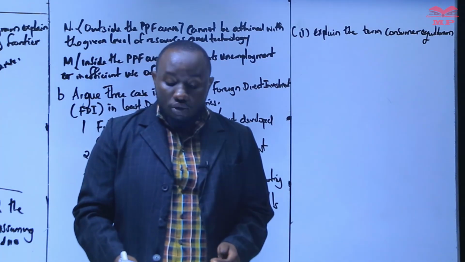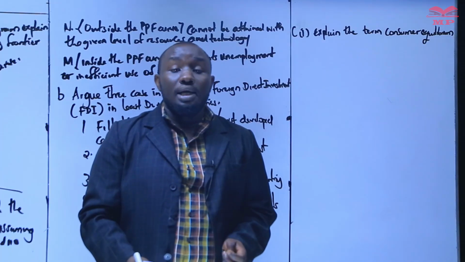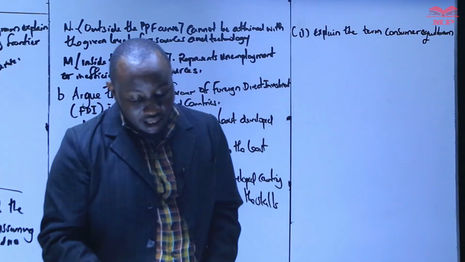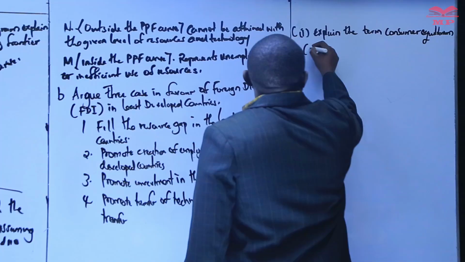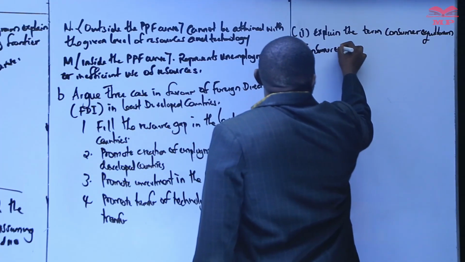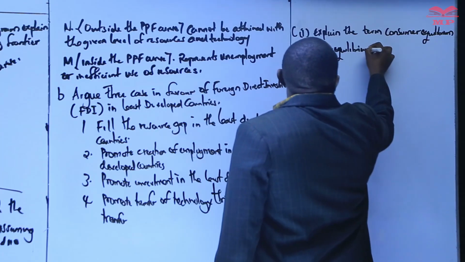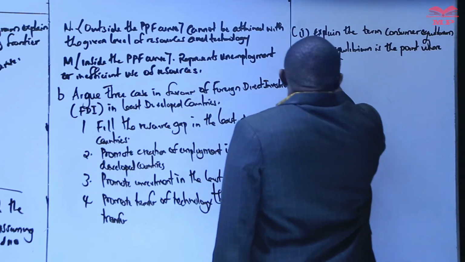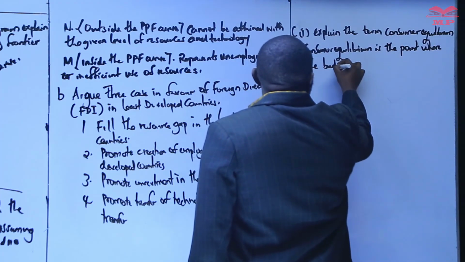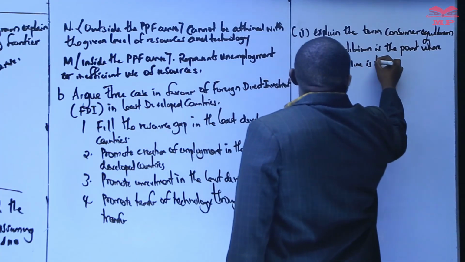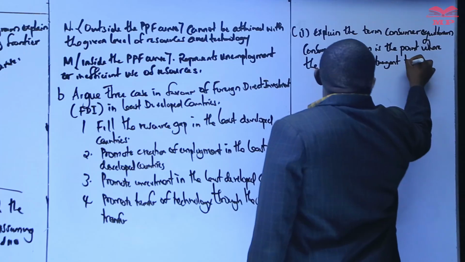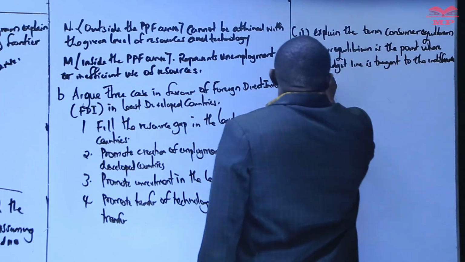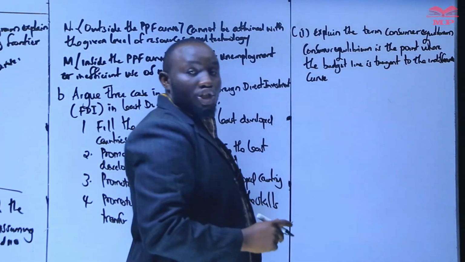When you talk about consumer equilibrium, we basically say that consumer equilibrium is a point where the budget line is tangent to the indifference curve.